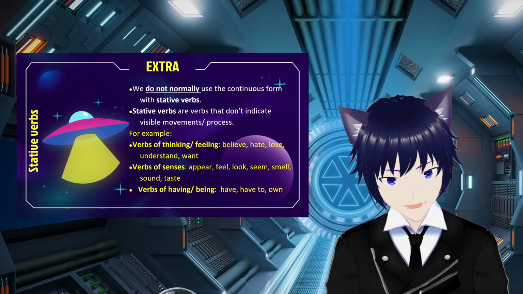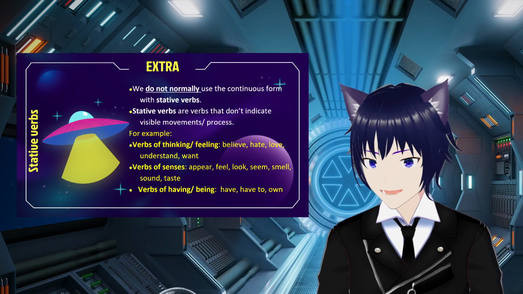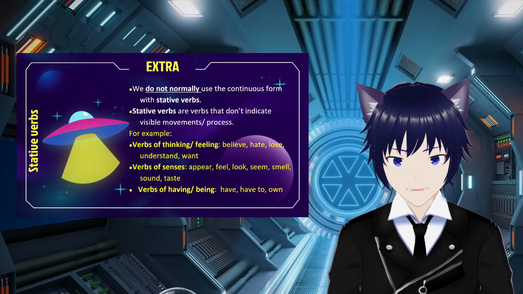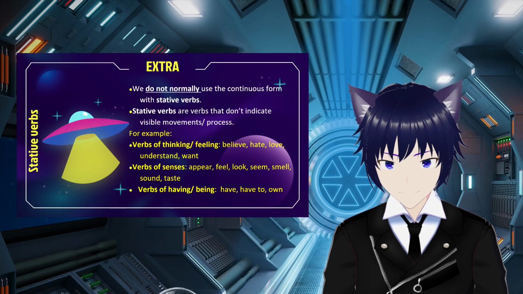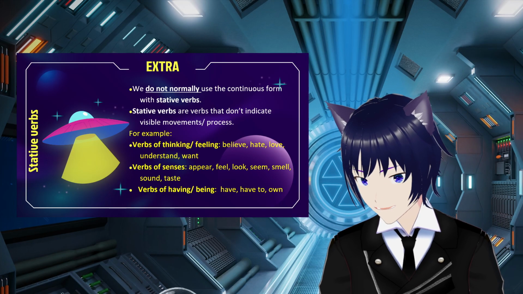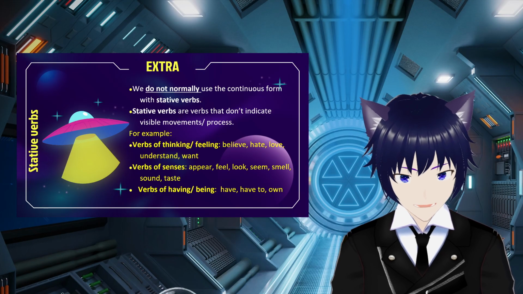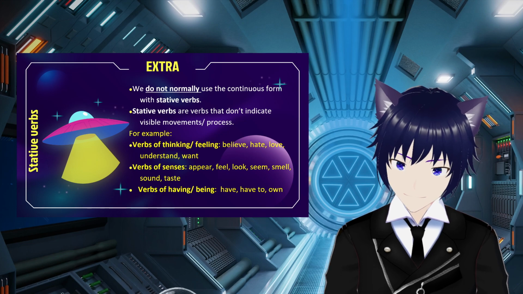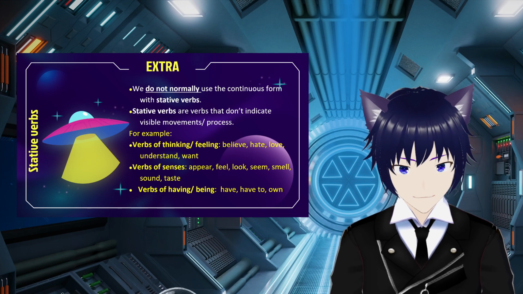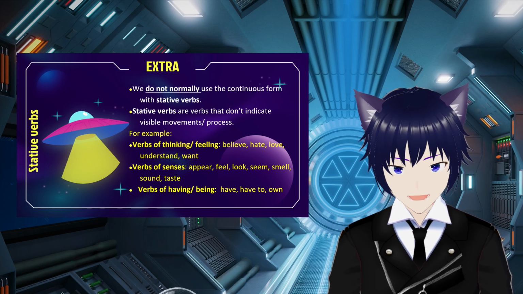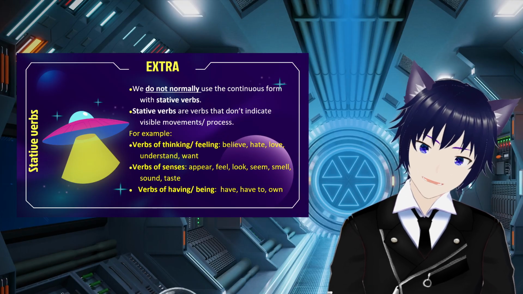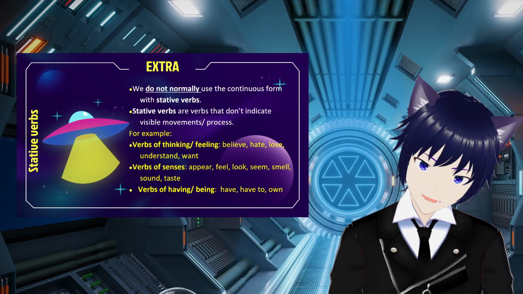Okay, there is some extra information here. The first one, we do not normally use the continuous form with stative verbs. For your information, stative verbs are verbs that don't indicate visible movements or processes. For example, verbs of thinking or feeling: believe, hate, love, understand, or want.